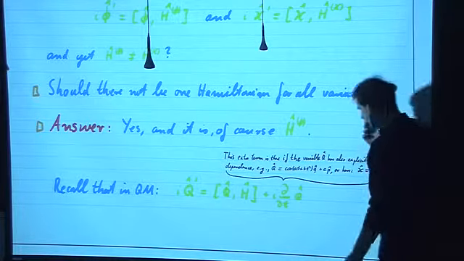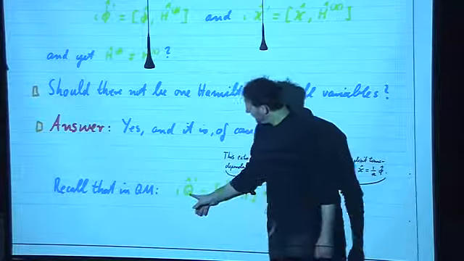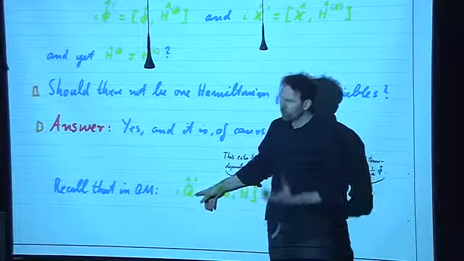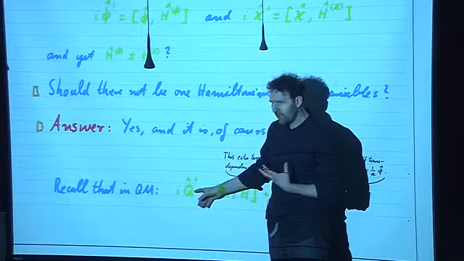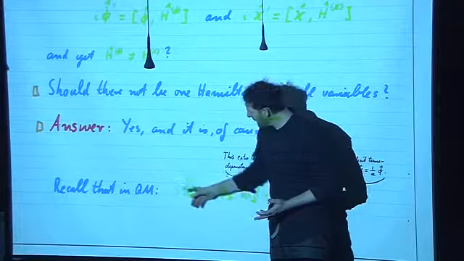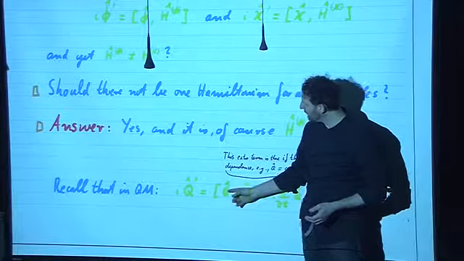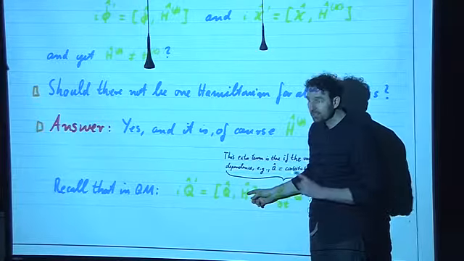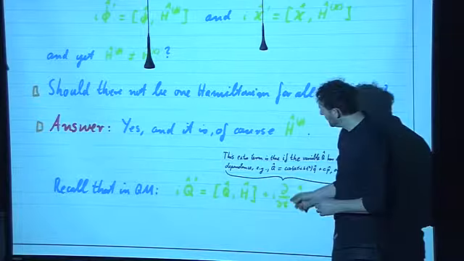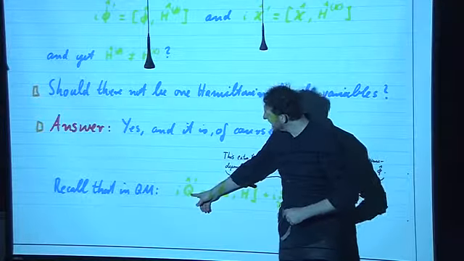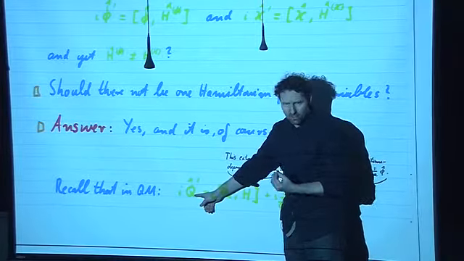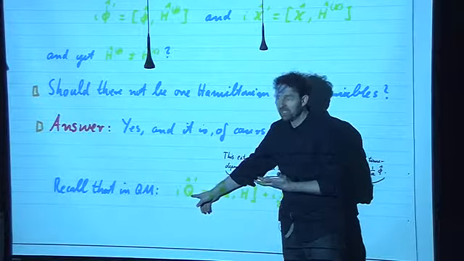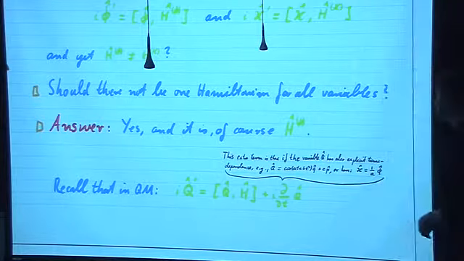Remember that in quantum mechanics, when you calculate the Heisenberg equation of motion for an observable, the equation says that i times the time derivative is given by the commutator of your observable with the Hamiltonian, plus possibly an extra term. That extra term arises if your variable has an explicit time dependence too, not just due to time evolution of the system, but due to the definition having time in it. Then you get an extra term here, right?